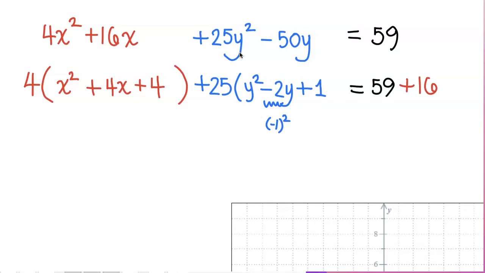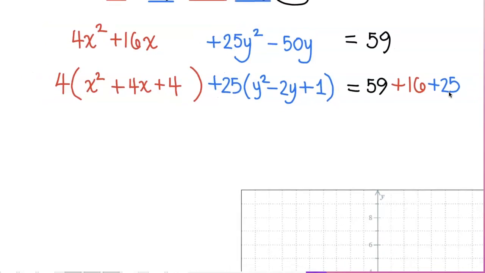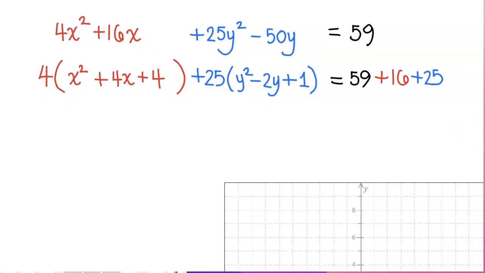So you are adding 1 inside that parenthesis. But you're not really adding 1 to the left-hand side. You're adding 25 times 1 to the left side. So when I'm adding the same number to the right side, I'm not going to do plus 1 there. I'm going to do plus what? 25.